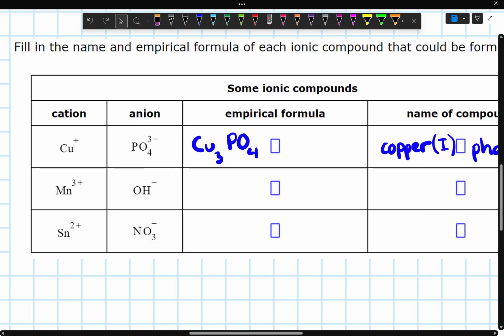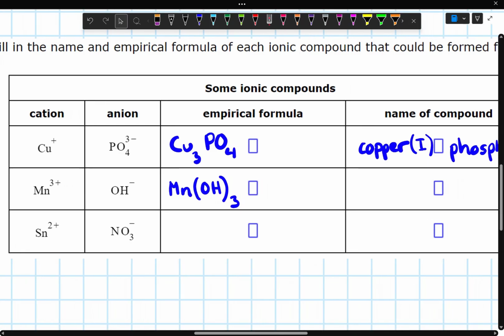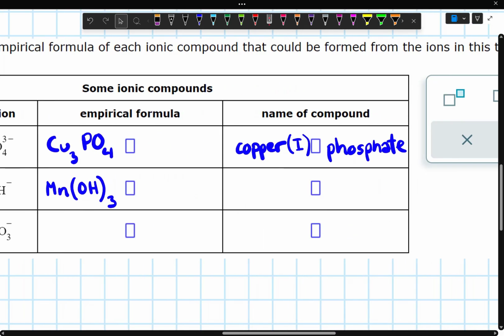So second one here, we have manganese, and it has a charge of +3. Bring that over here. And hydroxide, which has a charge of -1. So how do we write that? We start off with our manganese, and then we write parentheses because we have more than 1 of this ion, and there will be 3 of them from the charge of manganese. Alright, so how do we name this?